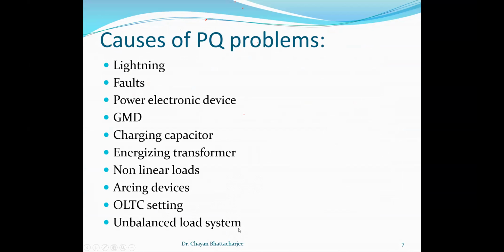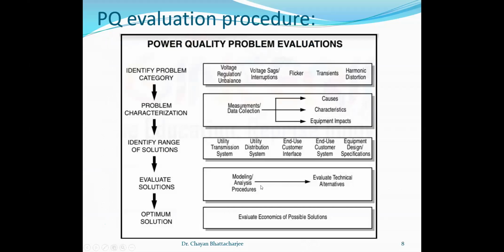So that is the unbalanced load system, which also causes imbalance in the system, and that is also a power quality problem. So generally all these are the causes of power quality problems. Next is your power quality evaluation procedure. If there is a problem that you have detected, how will you evaluate it?